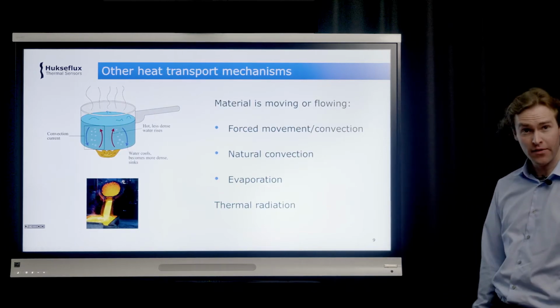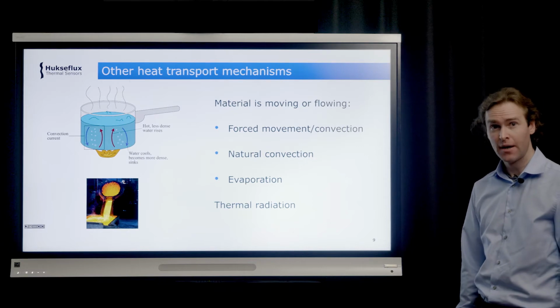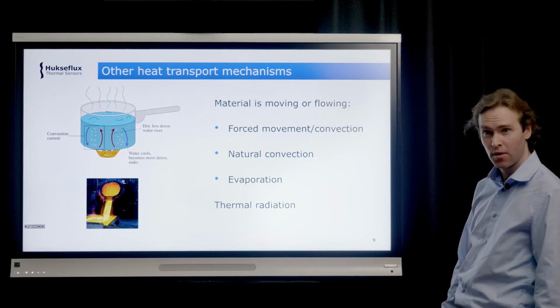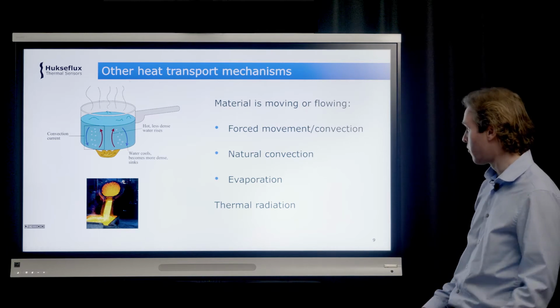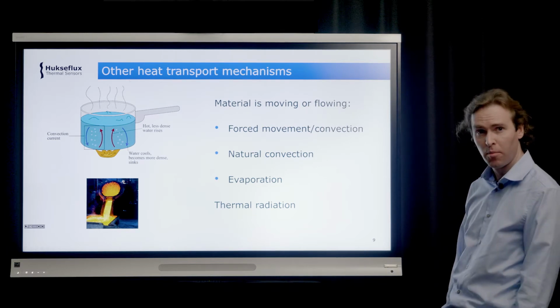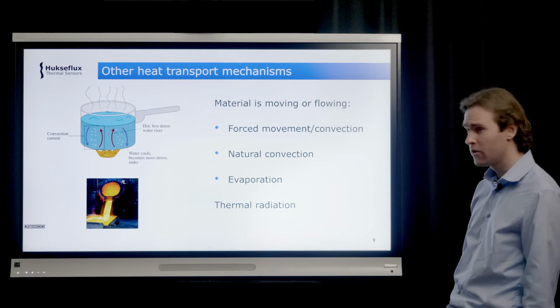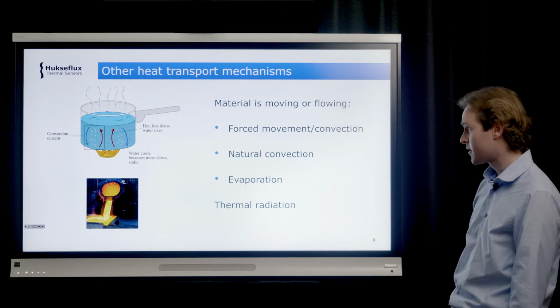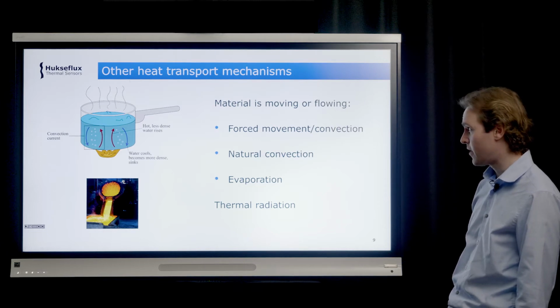Thermal conduction is not the only heat transport mechanism. There are a few other heat transport mechanisms. So for example, material can move or flow, and this can, for example, be forced movement. So you can, for example, pump cooling water around. But it can also be natural convection.